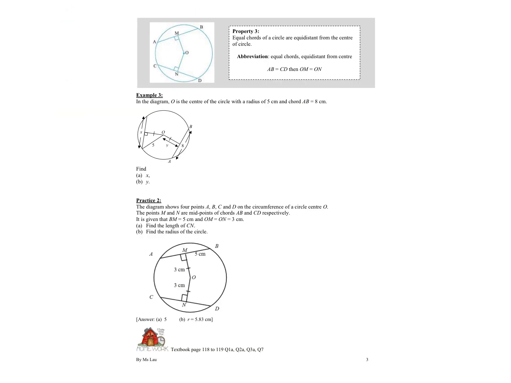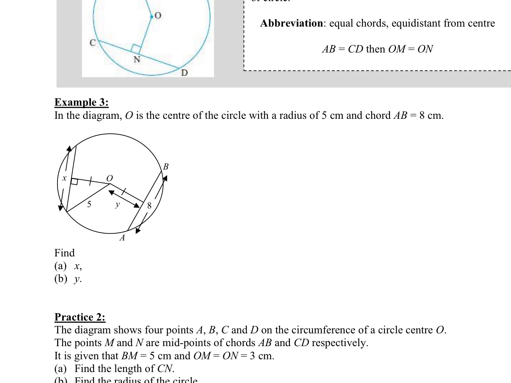Okay, last one. No, second last one. Okay, I have radius that is 5 cm and a chord that is 8. So first one, can you find what is x for me?